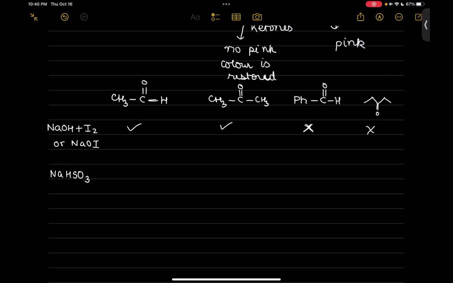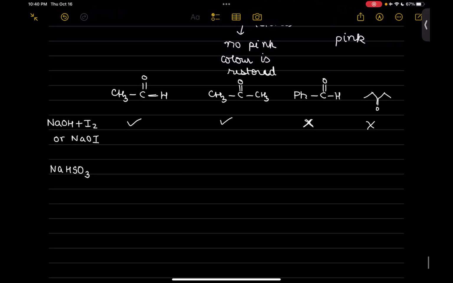The outcome is the formation of a crystalline solid. And who can react? Aldehyde can react, ketone can react, methyl ketone. But the ketone which does not have a methyl group will not be able to react. Got it?